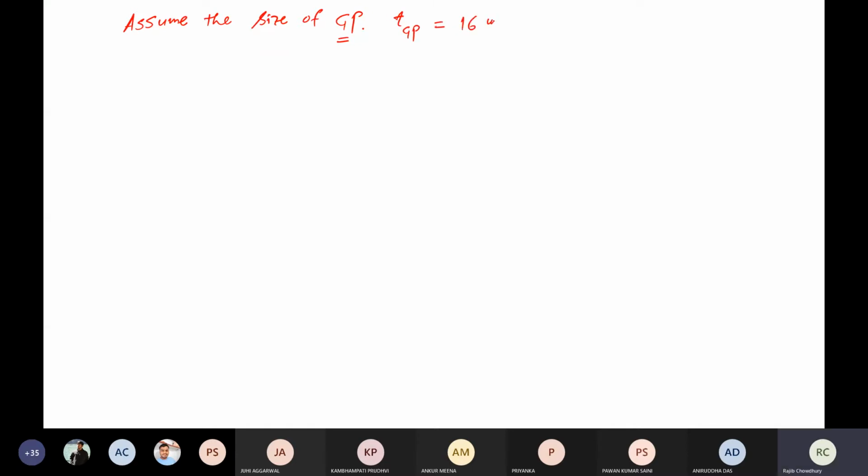I am assuming 16 mm thick on each side of the two flanges of the column section.